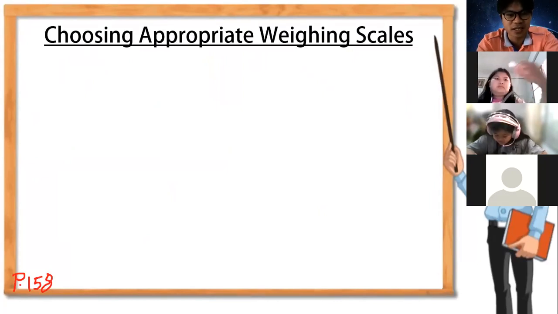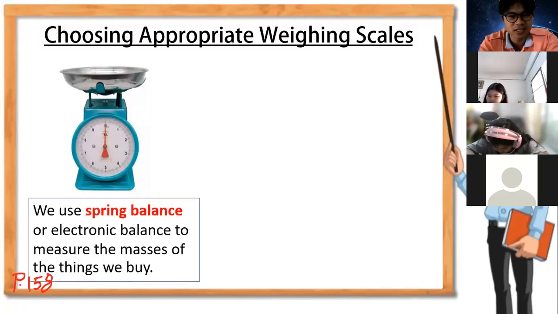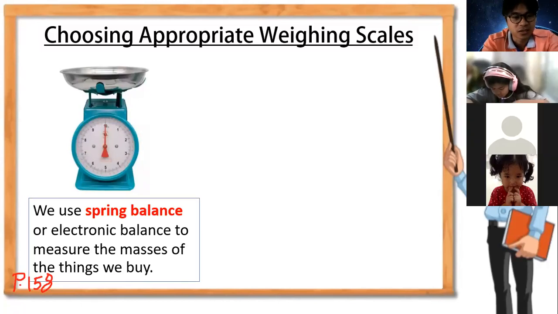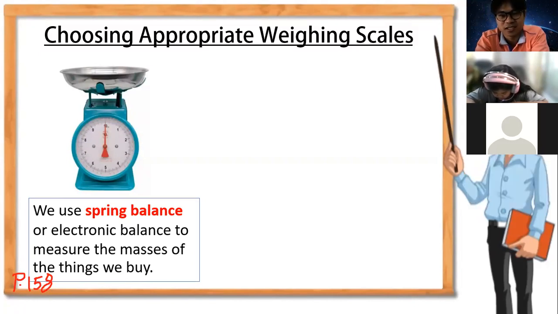So for example, like this. This weighing scale, the spring balance, we use the spring balance to measure the masses of the things we buy, right? When you go to the market, in the groceries, the store uses this spring balance to measure the things, the fruits, or whatever things we buy.